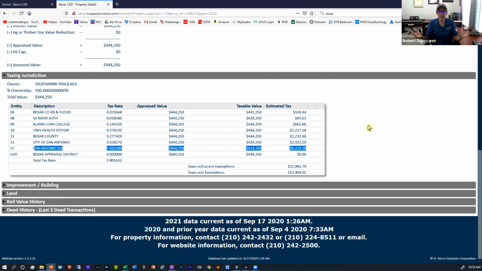Who pays for that? We all do. Our property taxes are what pay for that. So this money is going to San Antonio Independent School District. If this home was in Northside, it would go to Northside Independent School District. If it was on the west side, it would go to a different school district. Does that make sense? It depends on where the home is.